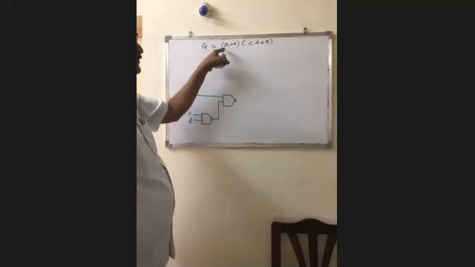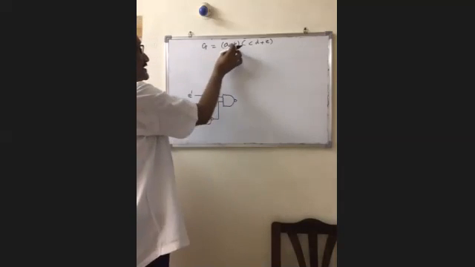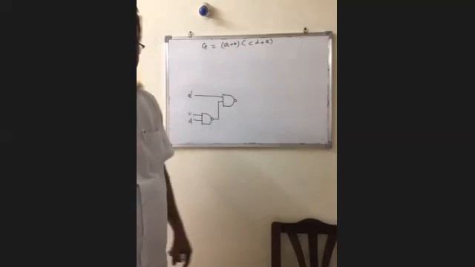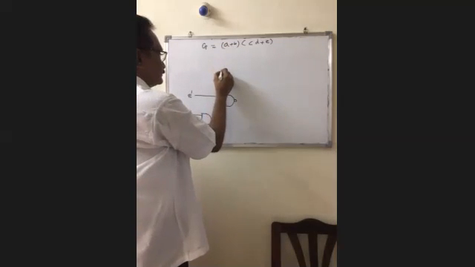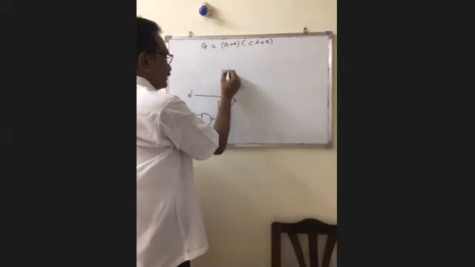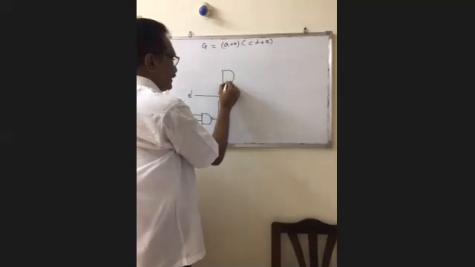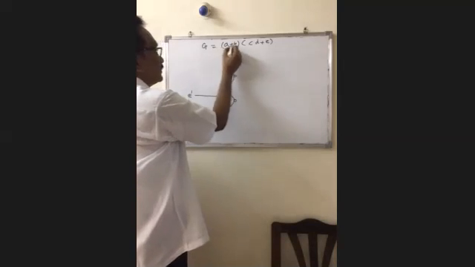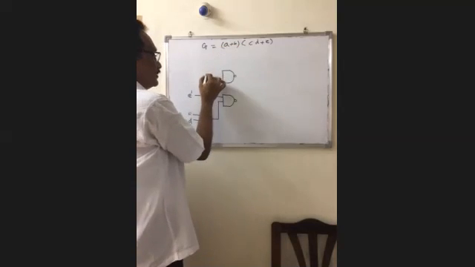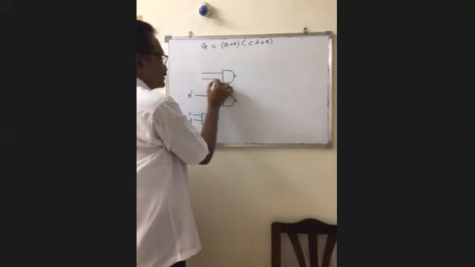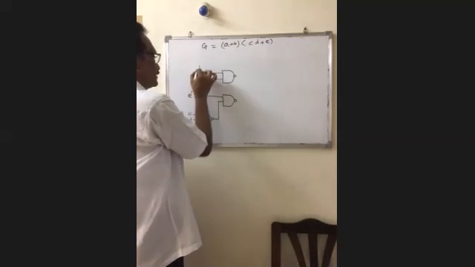Next, A plus B is a sum term by using only NAND gates. So for that one, you have to connect a NAND gate. It's a sum term by using NAND, so apply the complement of the inputs: A dash and B dash.